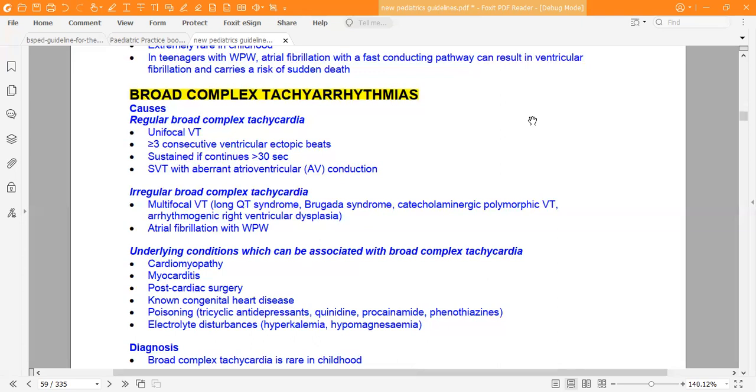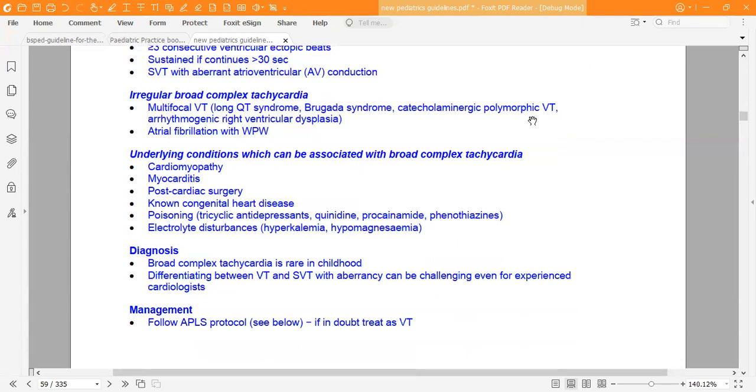Okay, atrial fibrillation with Wolff-Parkinson-White syndrome. So that's the regular broad complex tachycardia. The irregular one is going to be multifocal, for example, long QT syndrome, Brugada syndrome, catecholaminergic polymorphic ventricular tachycardia, arrhythmogenic right ventricular dysplasia, and atrial fibrillation with Wolff-Parkinson-White.